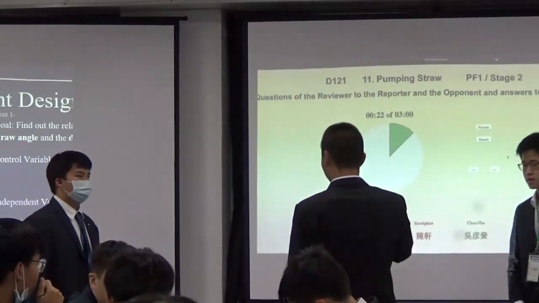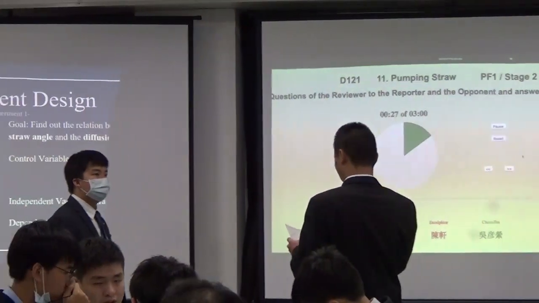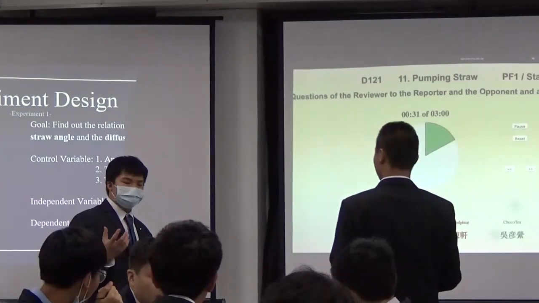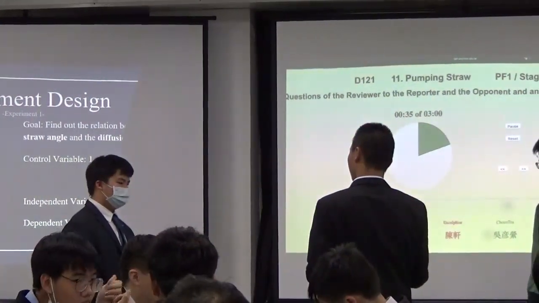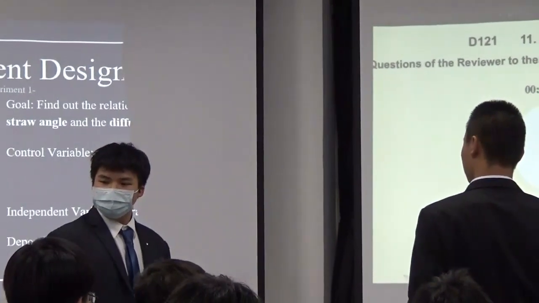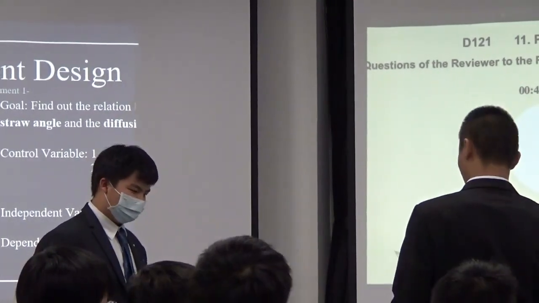So I have a question for the report about your setting. So you said you use a drill, right? So how do you control your speed during your experiment? Because the drill has different speeds. So thank you.